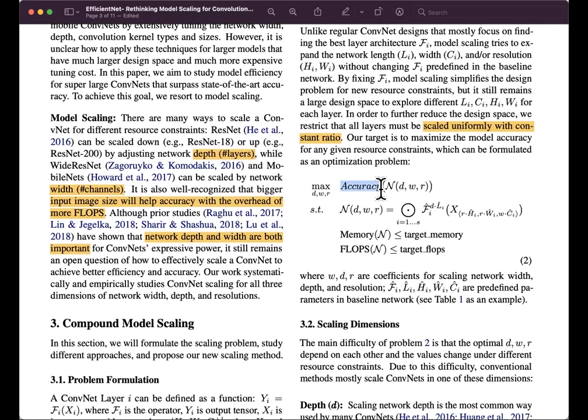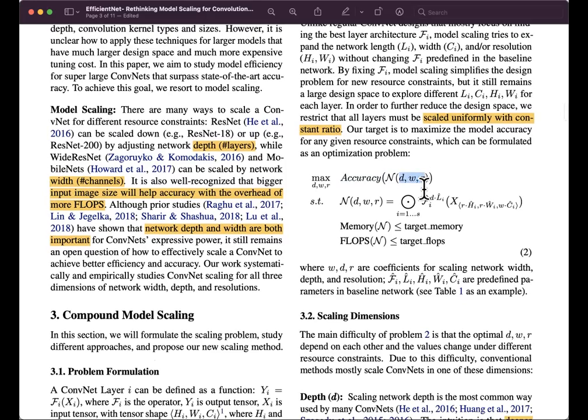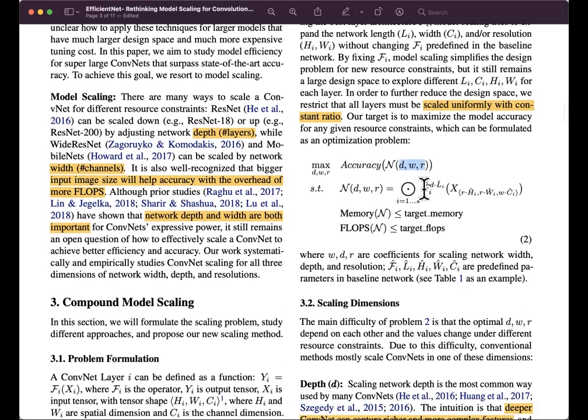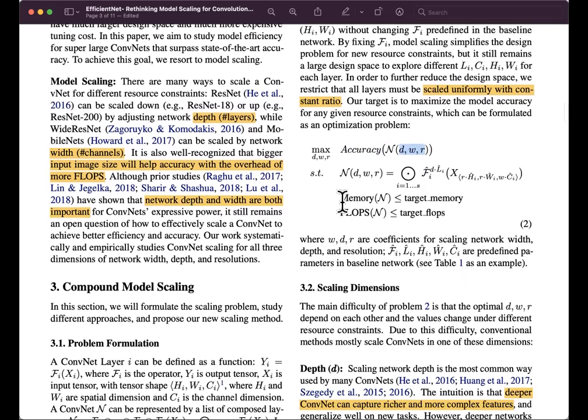We want to maximize the accuracy, where we treat the depth, width, and resolution as the parameters, given some target memory and some target FLOPs.